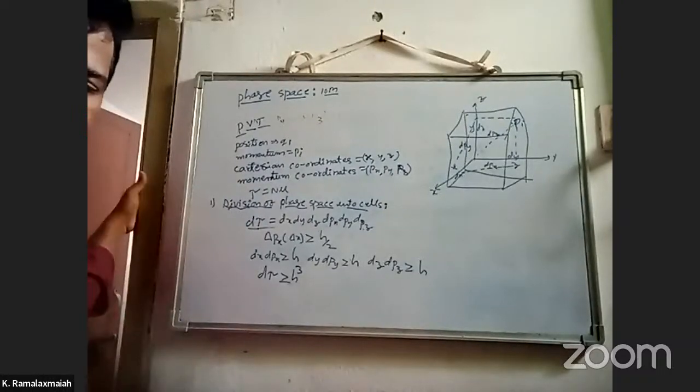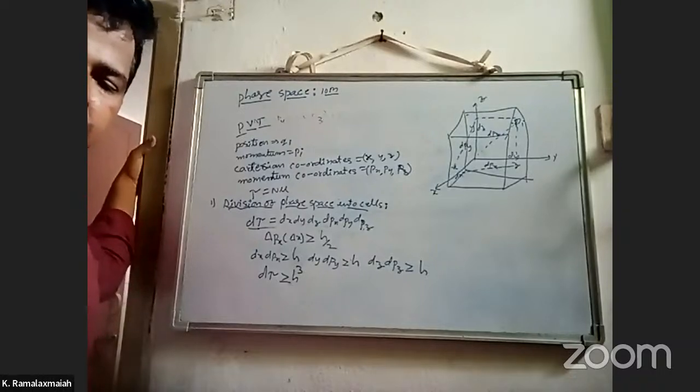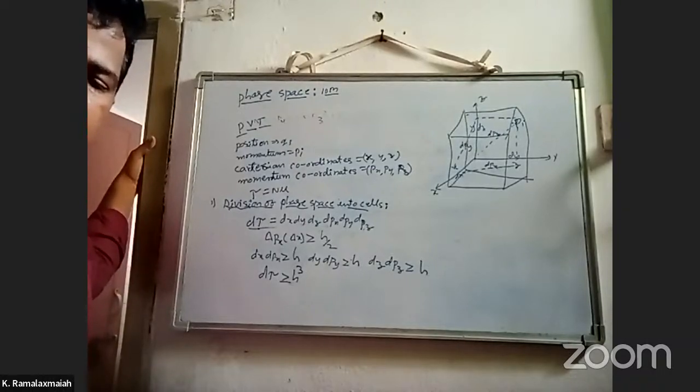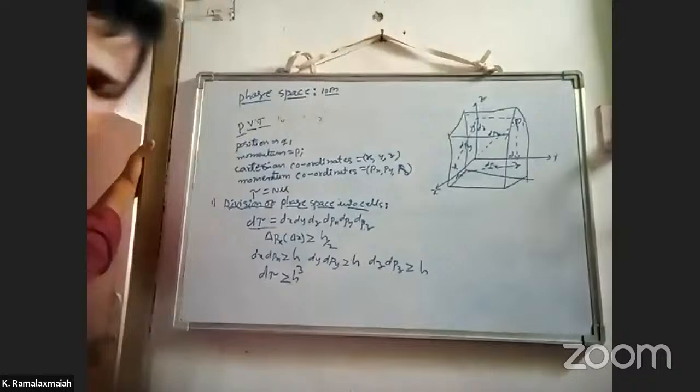The state of a particle can be defined in six-dimensional space, or tau space.